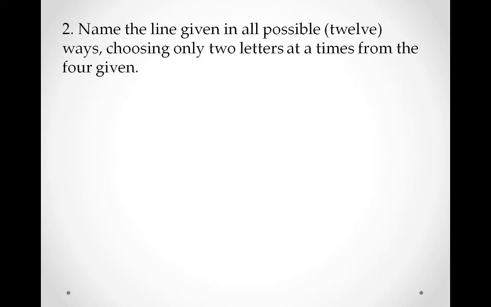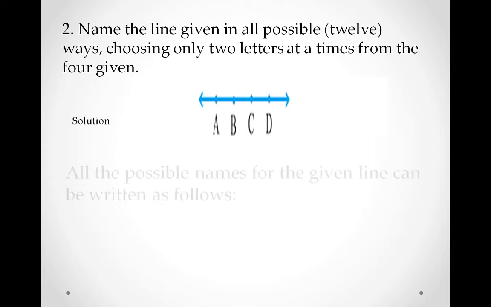Name the line given in all possible ways, choosing only 2 letters at a time from the 4 given. Look at here, this is the line and how you can name it. Here is the solution.